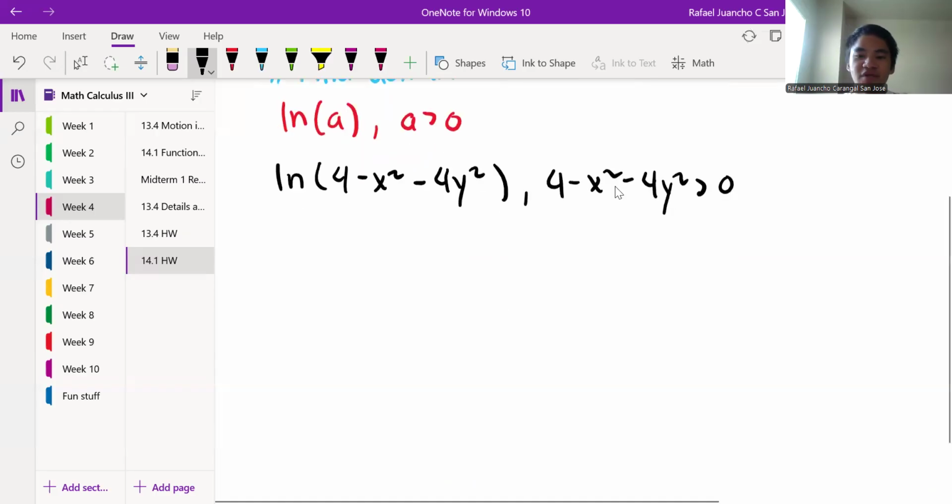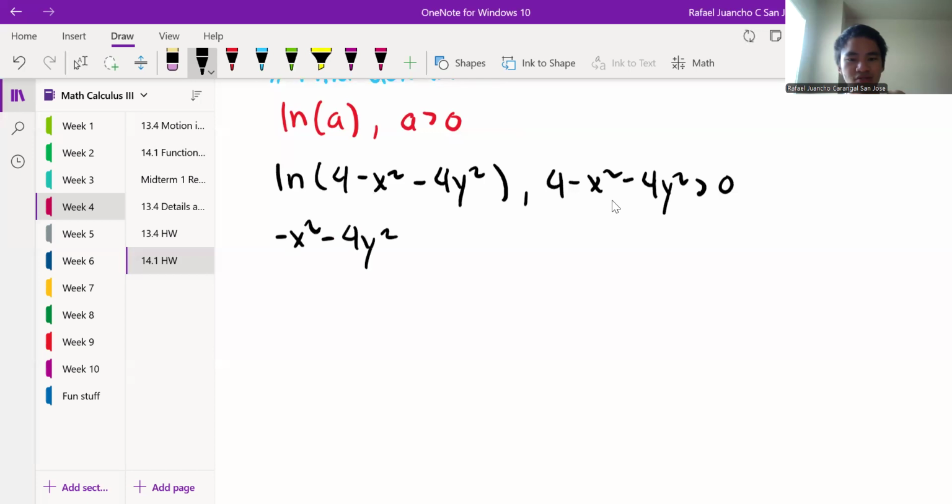And from here we can isolate some stuff. I guess we can put 4 on one side. So here we get this, which is greater than -4.